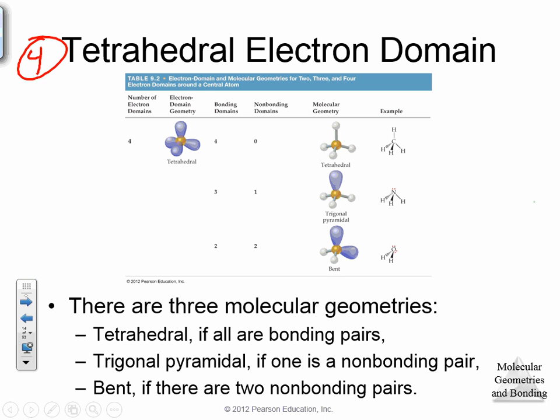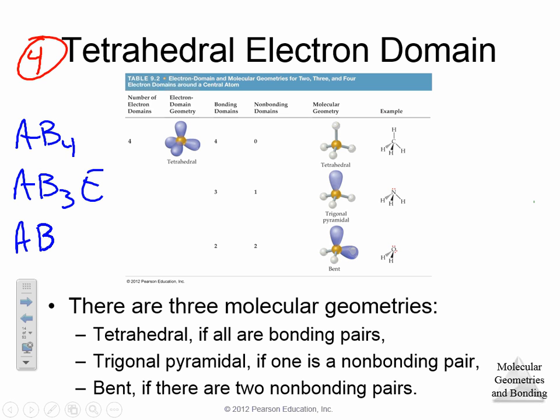So as we get back to our domains here, 4 domains. There are 3 possible geometries for 4 domains. You can have AB4, you can have AB3E, and you can have AB2E2.